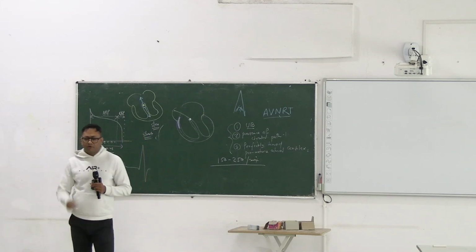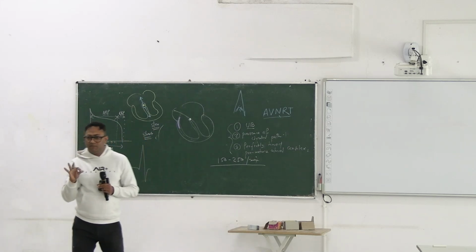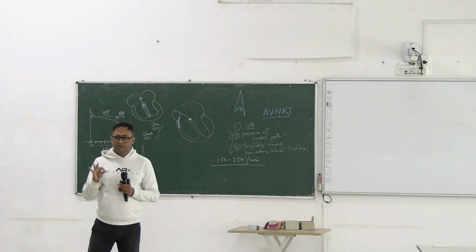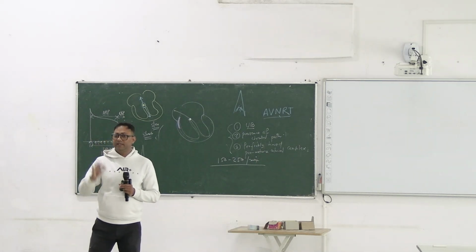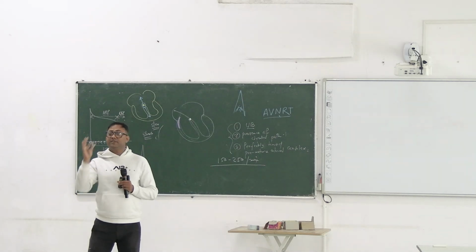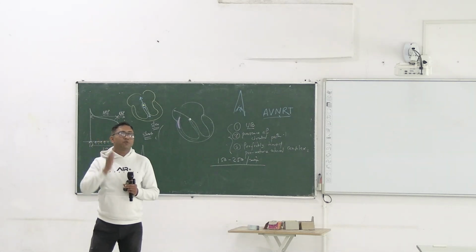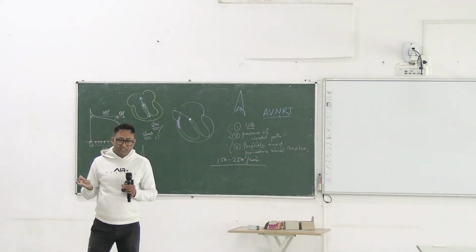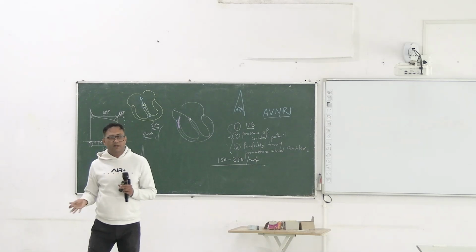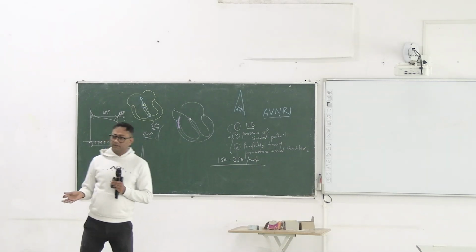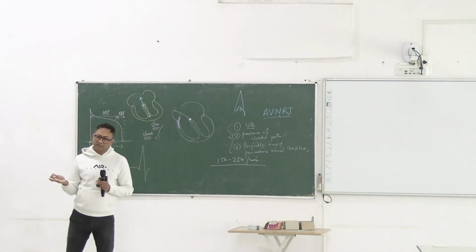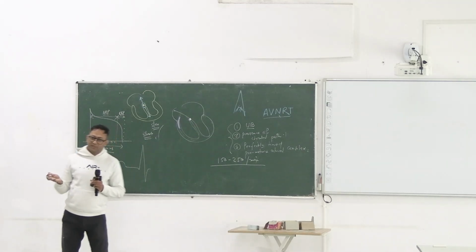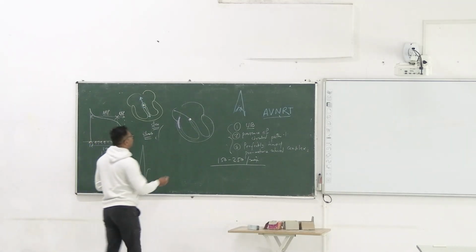For the checking process it needs some time. In the AV node, if the signal is coming through the normal pathway, it needs some time. But if the signal is following the abnormal path, there is no checking. It is directly coming from atria to ventricle, right? So it is a security risk for the ventricle.